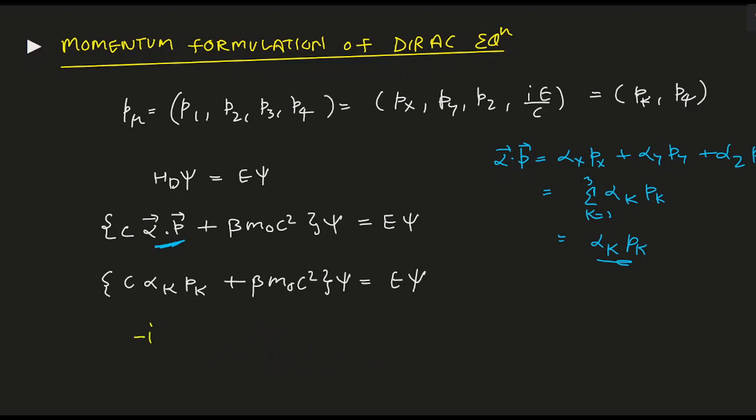So this term is multiplied by minus i beta, so you will have c times minus i beta alpha k times pk plus, because minus i beta is multiplied, minus i beta beta m naught c square, whole thing acting on psi is giving you, also in the RHS you will multiply by minus i beta into E psi.